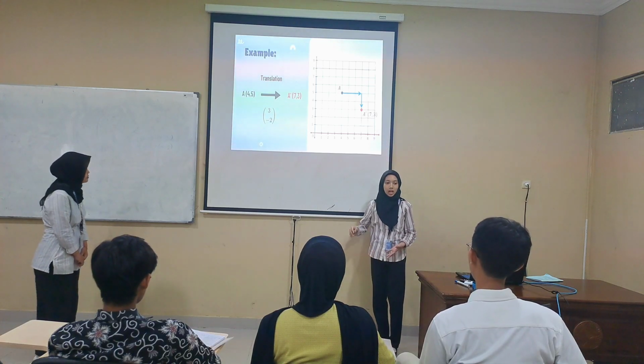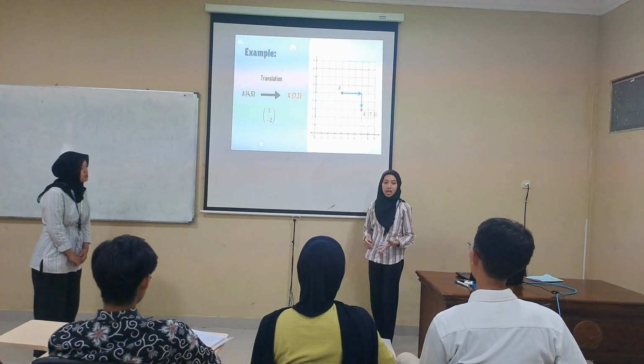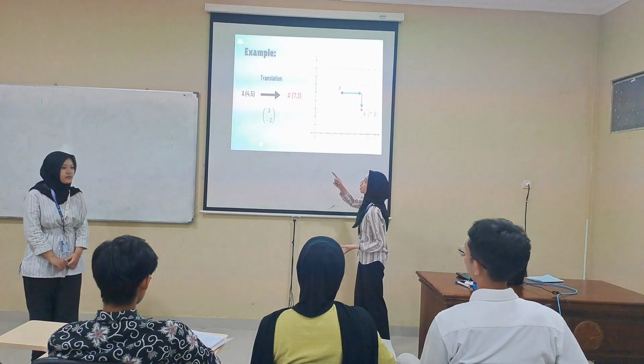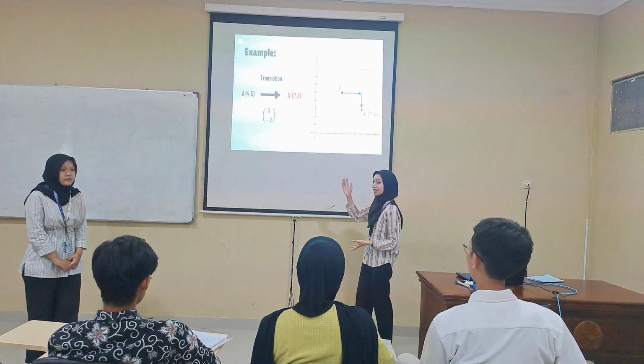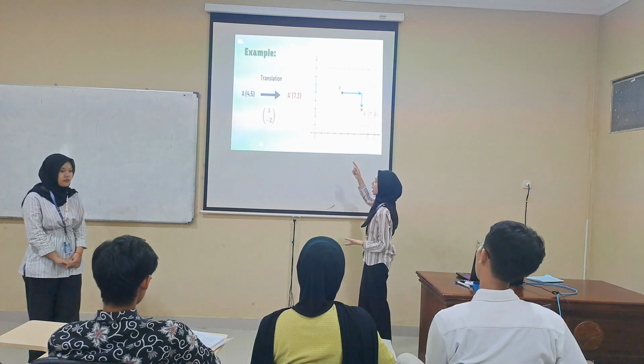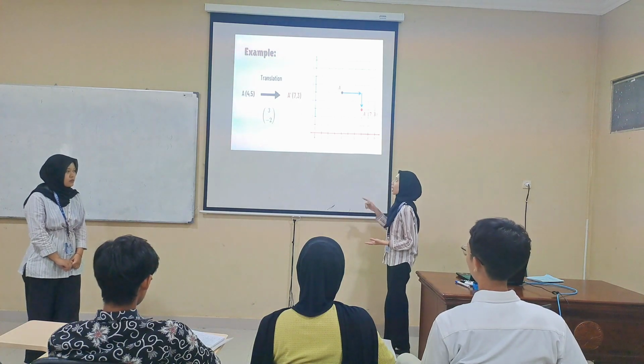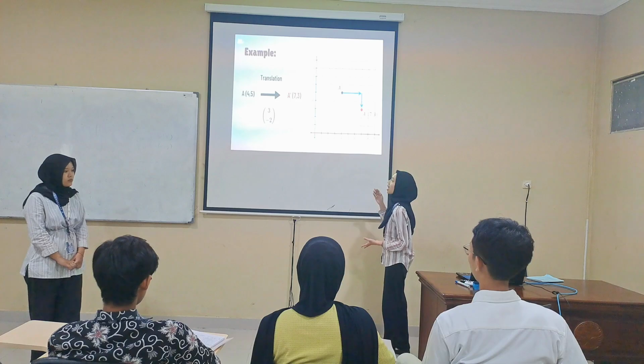So, from this example, let's pay attention. Point A (4, 5) translated by (3, -2) results in A prime (7, 3).